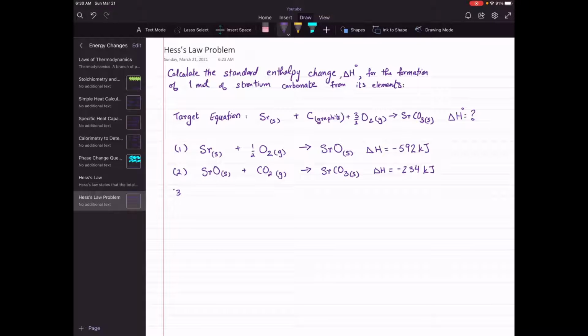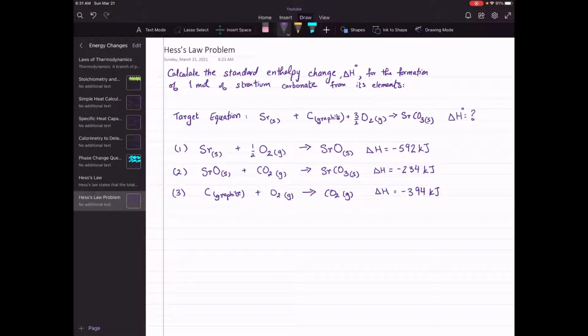And we have a third equation, which is carbon in the graphite form, plus oxygen, O2 gas, forms CO2 gas. And for this one also, the delta H is given as negative 394 kilojoules.